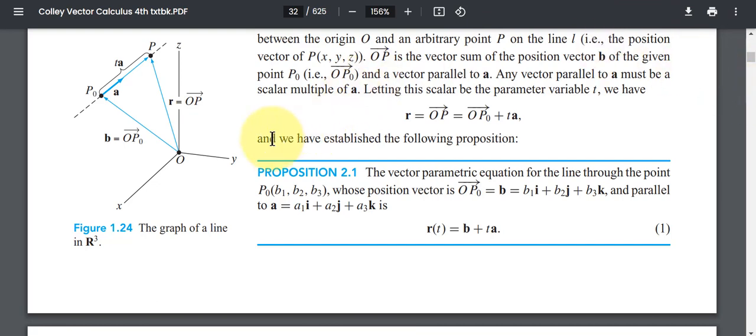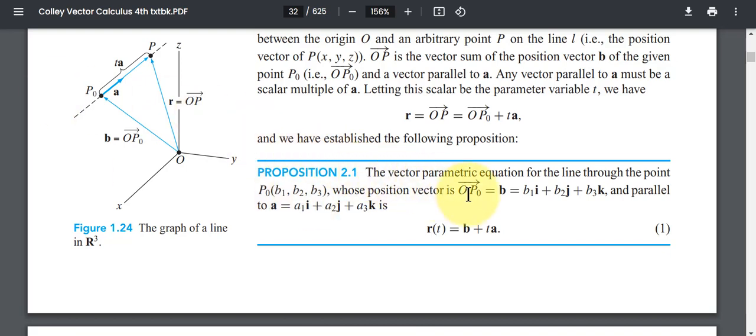And b goes from O to P, and we want to give some names for the coordinates of P0. Since we're calling this b, we'll call the coordinates B1, B2, B3, which is what they've done here.